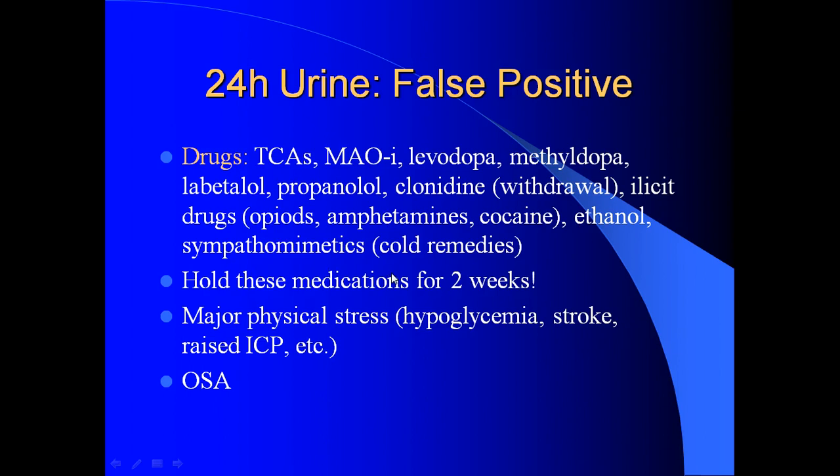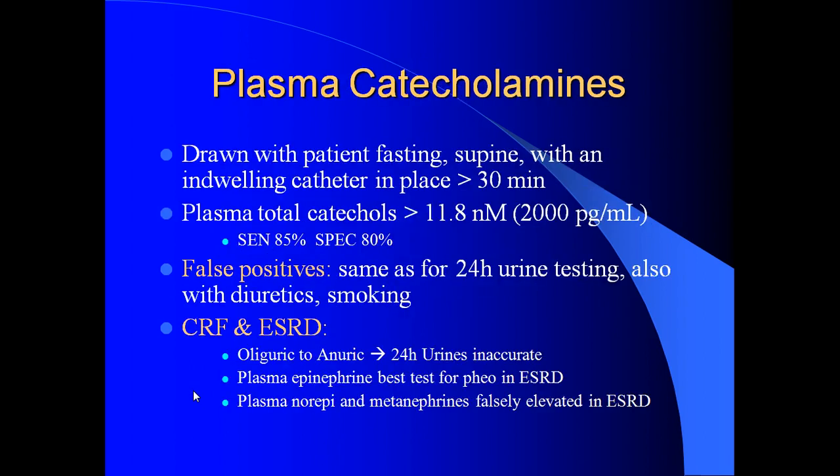So even if it is positive, you cannot be sure of it. If the patient is on these drugs, you have to hold these medications for at least 2 weeks. Major physical stresses like hypoglycemia, stroke, raised ICP can also cause a false positive, and obstructive sleep apnea can also lead to a false positive 24-hour urine test.